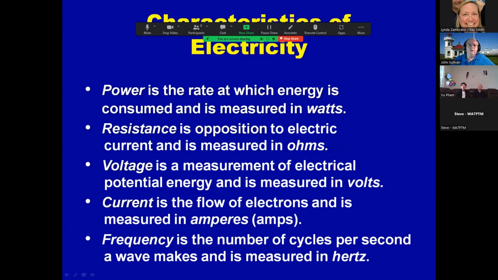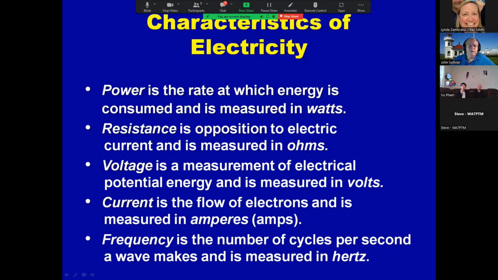Voltage is a measurement of electric potential, potential energy, or electromotive force, and it's measured in volts. Current is the flow of electrons, and it's measured in amperes, or usually amps for short. Frequency is the number of cycles per second a wave makes, and it's measured in hertz.